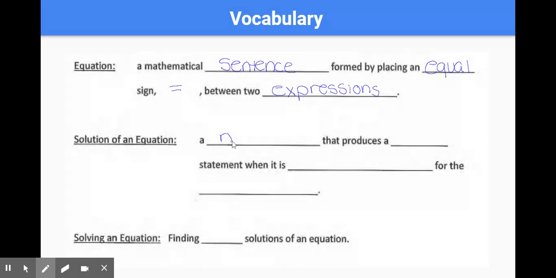The solution is a number that produces a true statement when it is substituted for the variable.